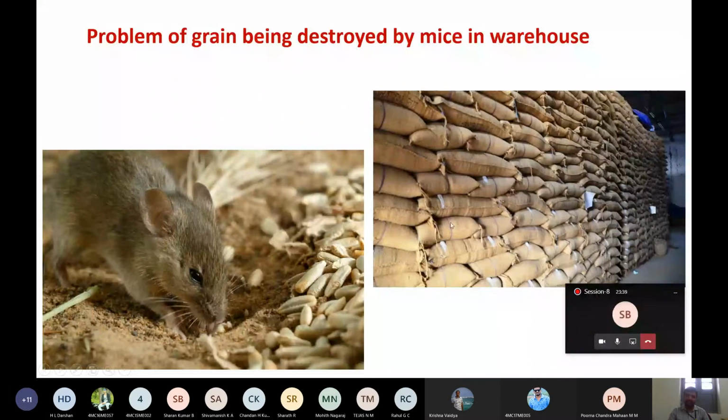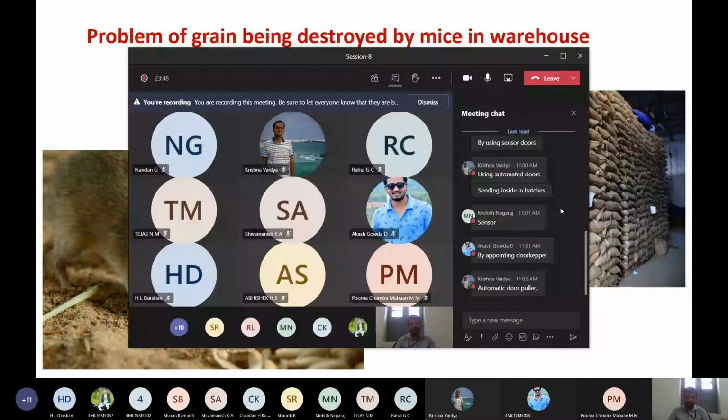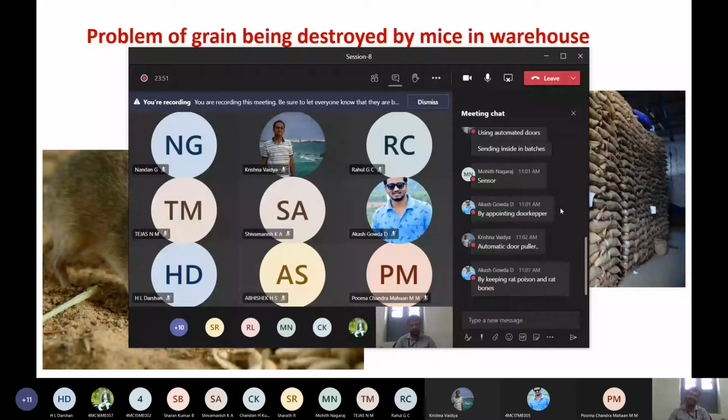How can we solve this problem? Again, you can start typing the answer. Keeping rat poison and rat bones. What are the other possible solutions? Using a mice trap.